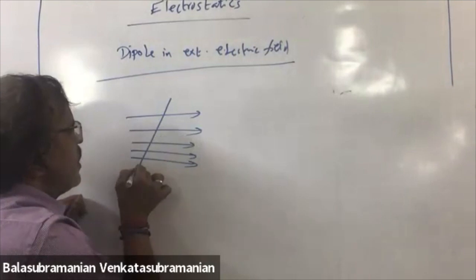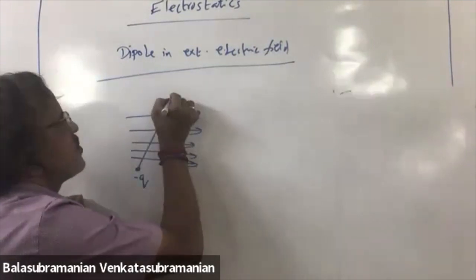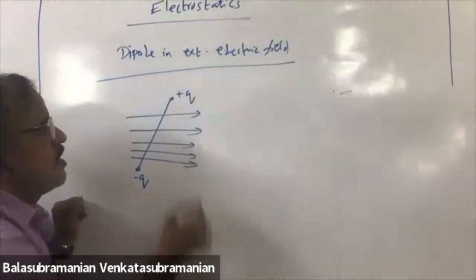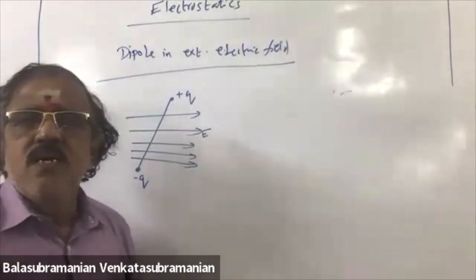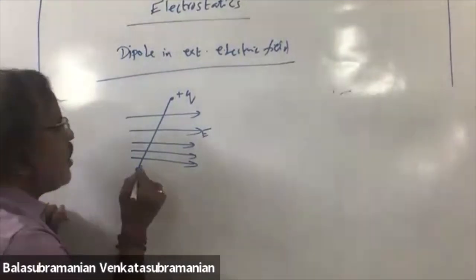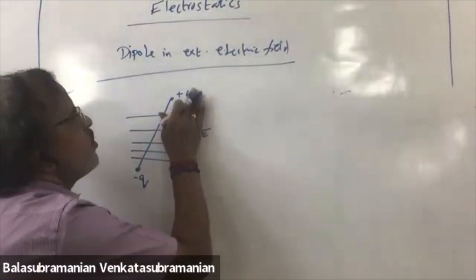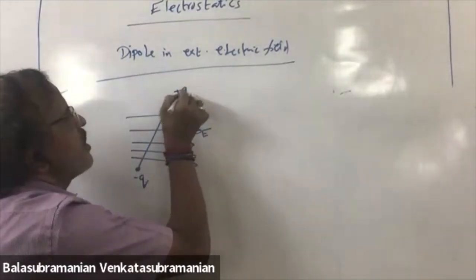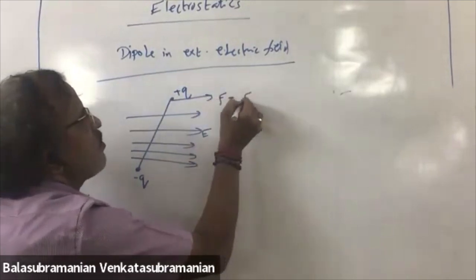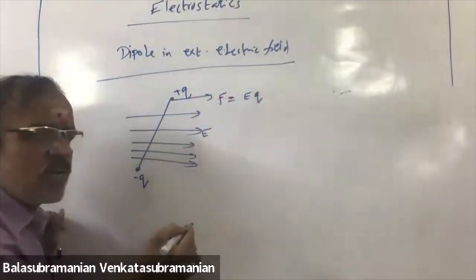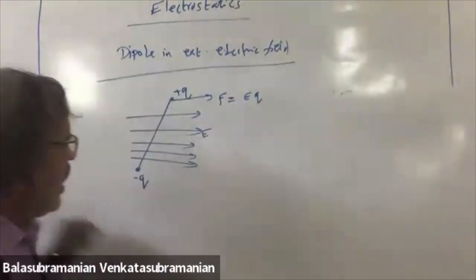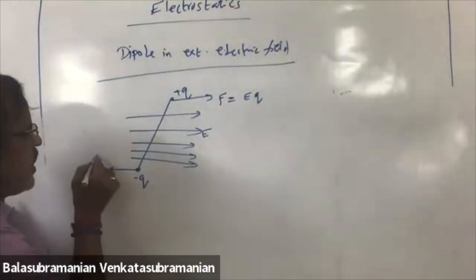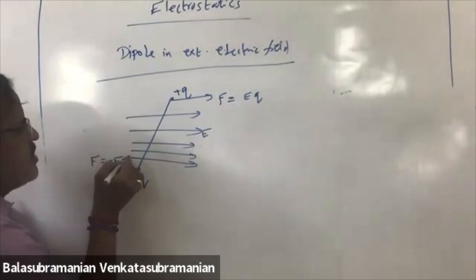You are placing a dipole, minus Q, plus Q. This is E. So on this dipole, one force will be acting here. F is equal to EQ. E is equal to F by Q, we know. So F is equal to EQ. Another force will be in the opposite direction, minus EQ.